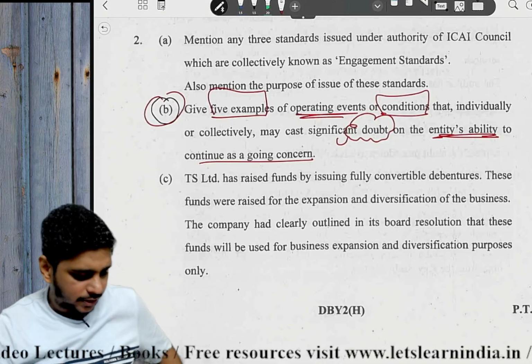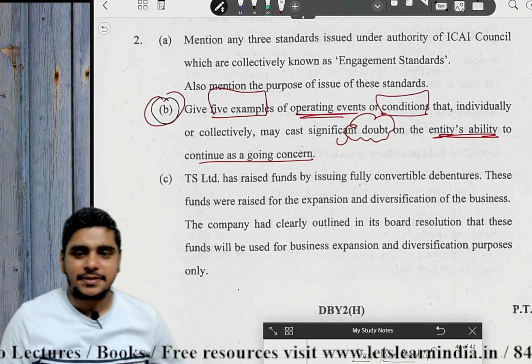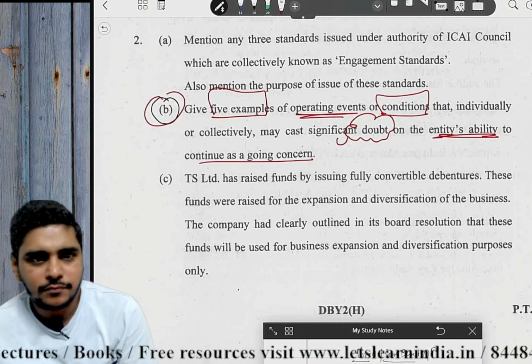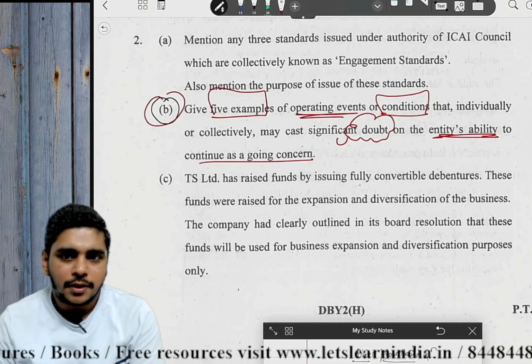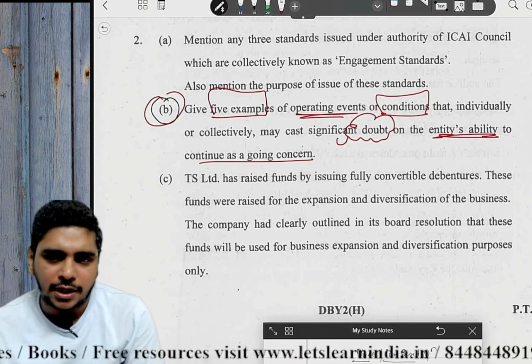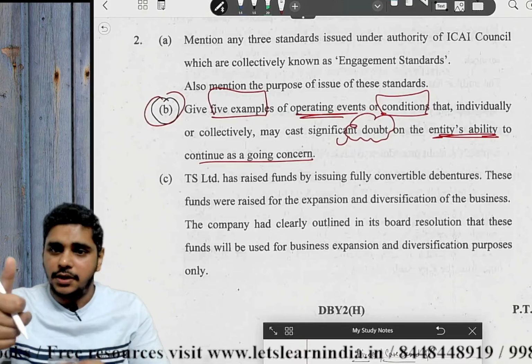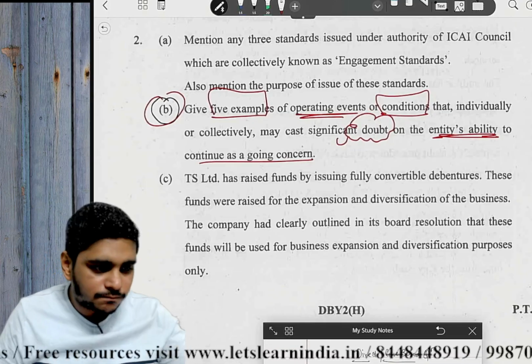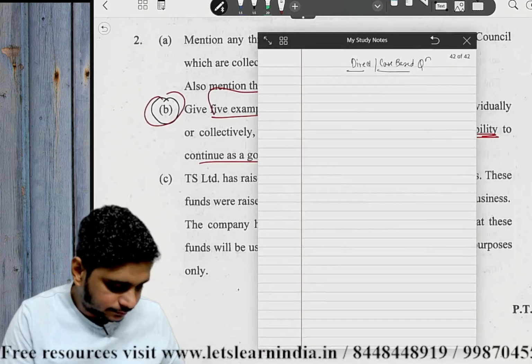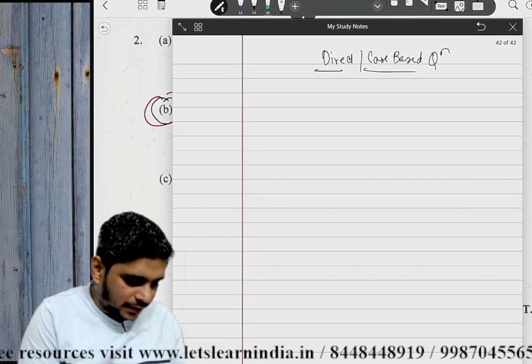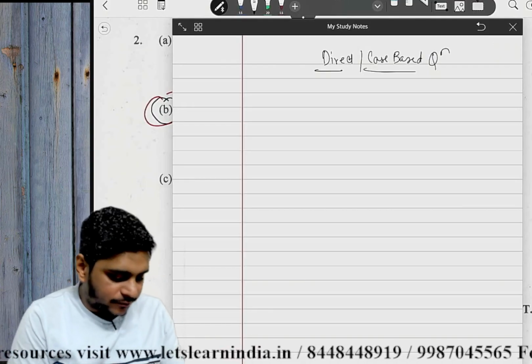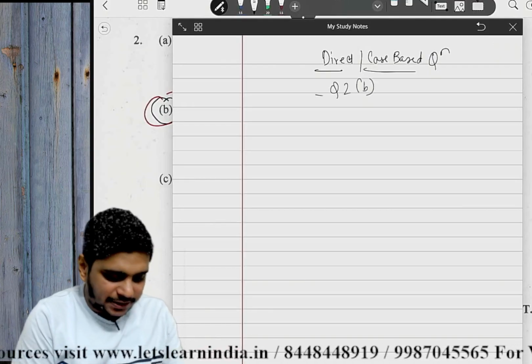Going concern. Okay. So now how do you write this answer? Is it a case based question or direct question? Tell me, identify. It's a direct question. Very good. So I will give with the black ink you need to write. Question number 2B on the terrace I will write.